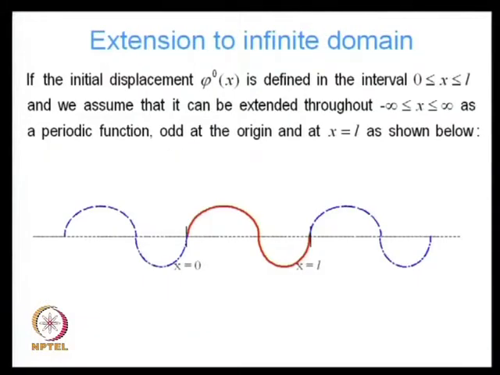So, my initial condition now is of this form and it is periodic. So, it satisfies the boundary conditions like that. That is why I can extend the solution to the infinite domain.